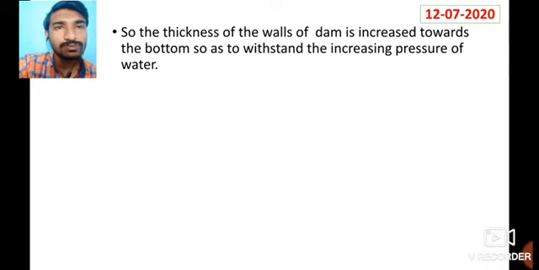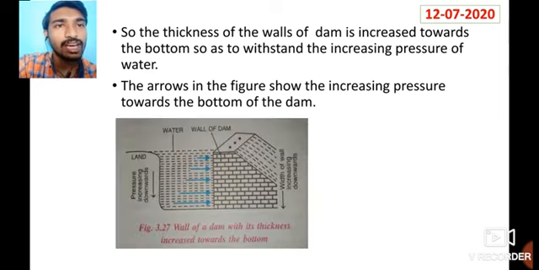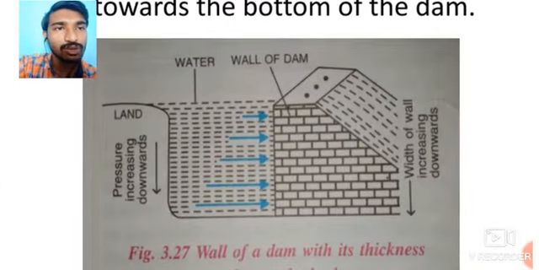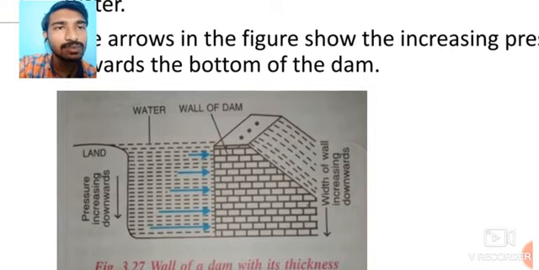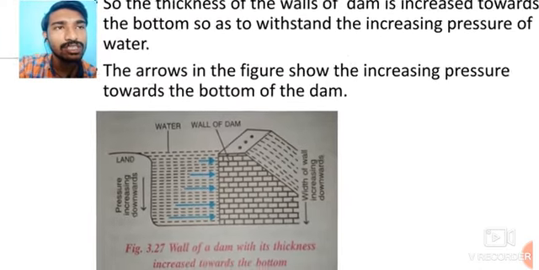So to withstand that pressure, the walls of the dam at the bottom should be very thick. The arrow in the figure shows the increasing pressure towards the bottom. Here you can see the arrow increases, indicating the increasing pressure towards the bottom of the dam.